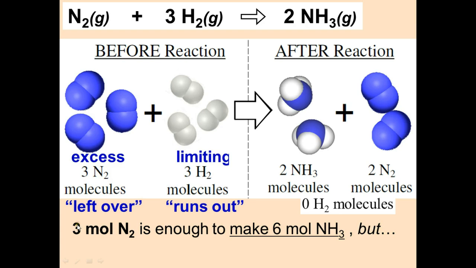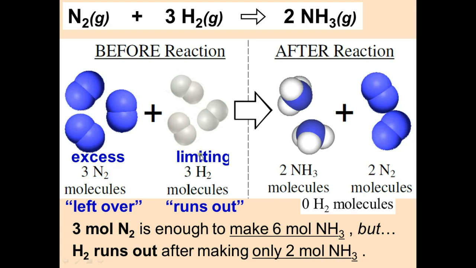Even though there are 3 moles of nitrogen here, enough to make 6 moles of NH3, the hydrogen is used up after making only 2 moles of NH3. The whole point is that limiting reactants limit the other reactants, so that there's some excess.